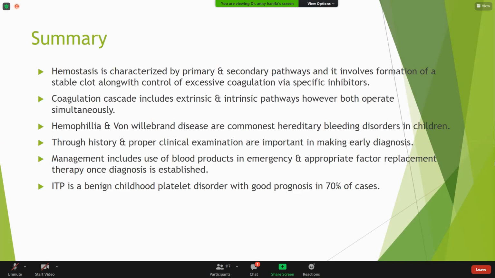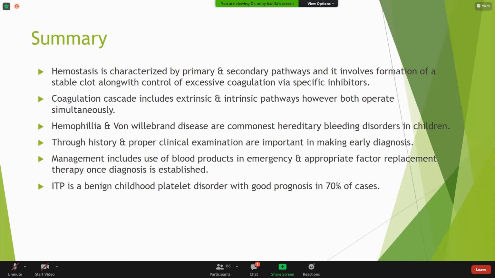Hemophilia is a very common disorder, and when you come to the practical or clinical side, you can see there is a Hemophilia Federation of Pakistan, and hemophilia societies are made. So we have a pretty high number of cases of hemophilia. It's pretty common.